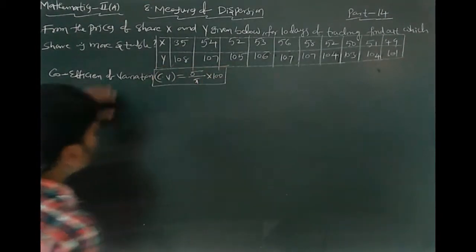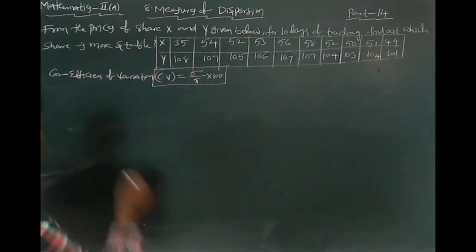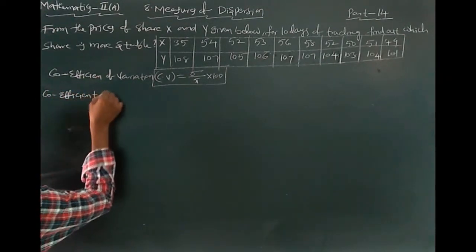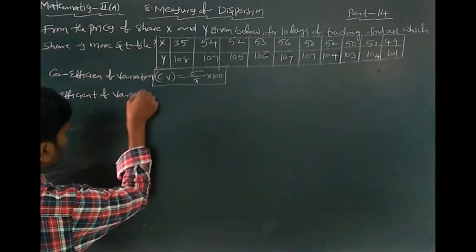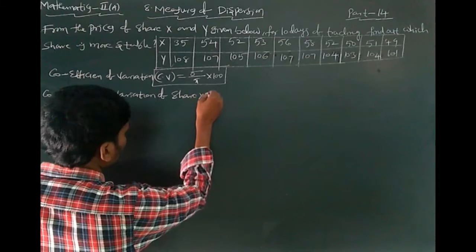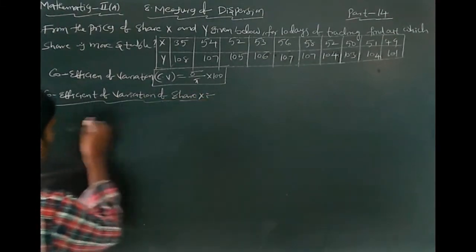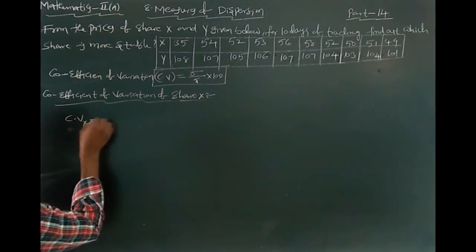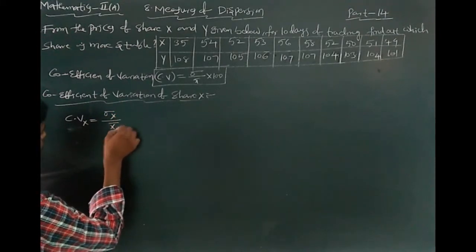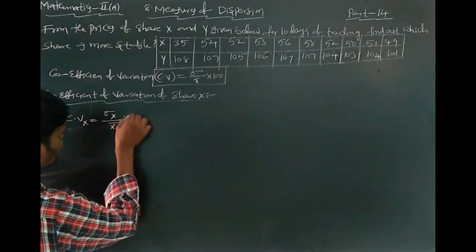First, you can find the coefficient of variation of share X. CV suffix X is equal to sigma suffix X by X bar suffix X into 100.